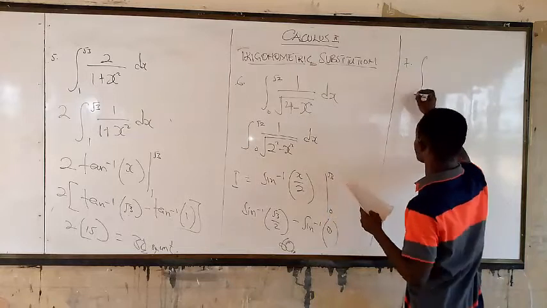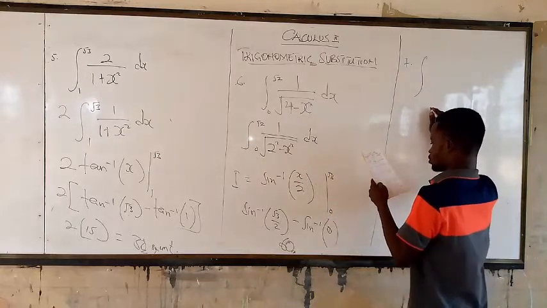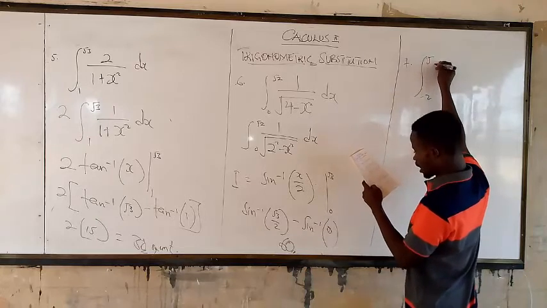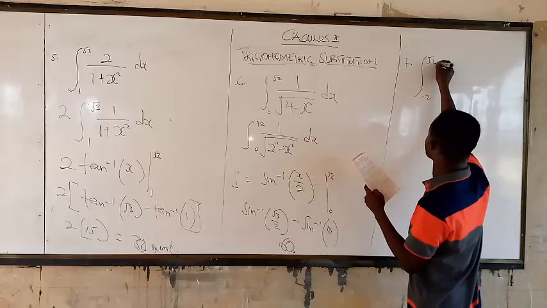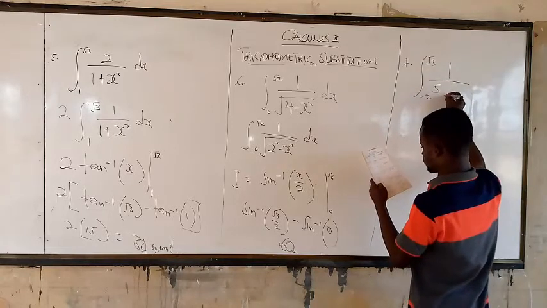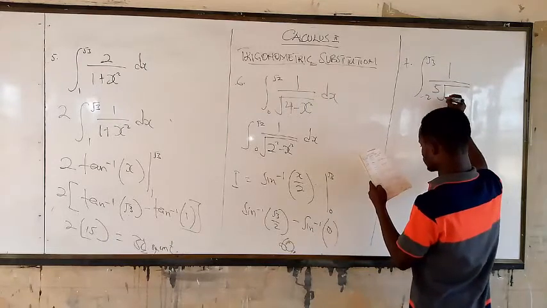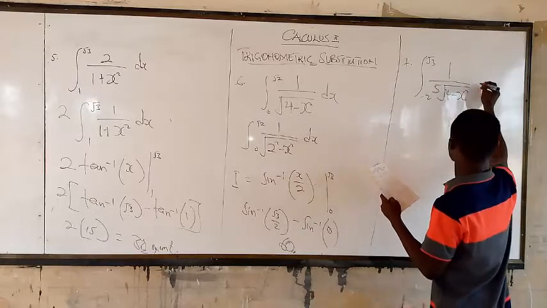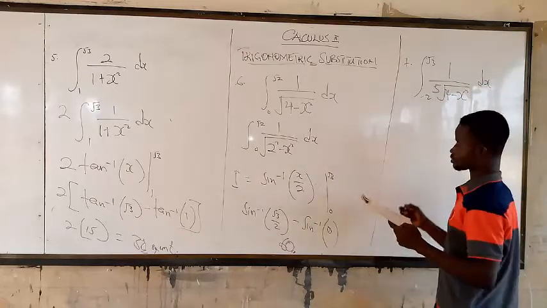Question 7, we have the integral of negative 2 to square root of 3, 1 over 5 square root of 4 minus s squared ds.